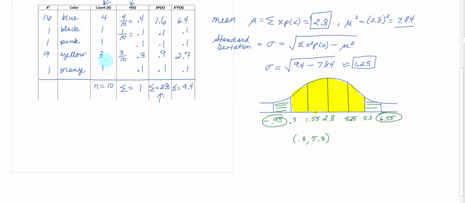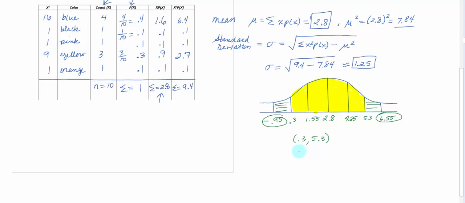There's 1 again. 3 is a number between 0.3 and 5.3, and 1 is also a number in that interval. So every one of our counts, or x values, does fit in this interval from our minimum of 0.3 to a maximum of 5.3 for 2 standard deviations.